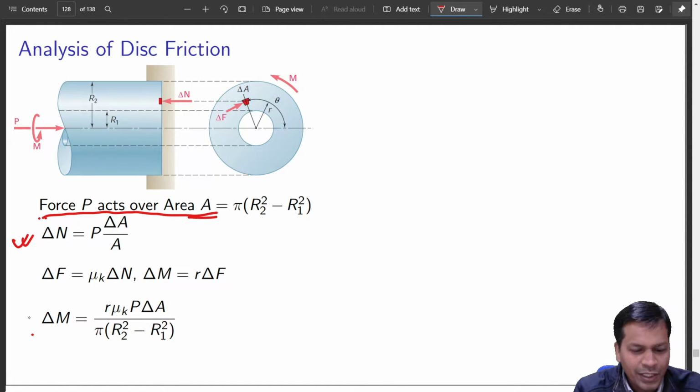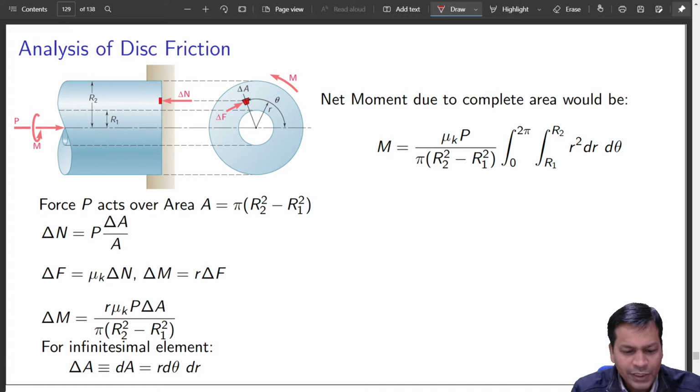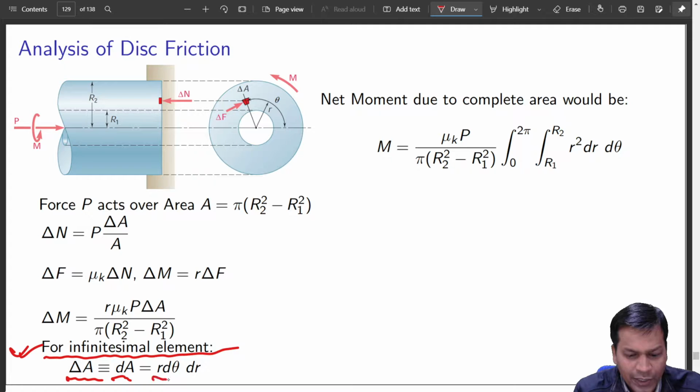Okay, so this is a small moment, substituting all those, I can quickly obtain this. For this infinitesimally small element, the area is this. Now calculus has started. So delta A is equal to R delta theta.